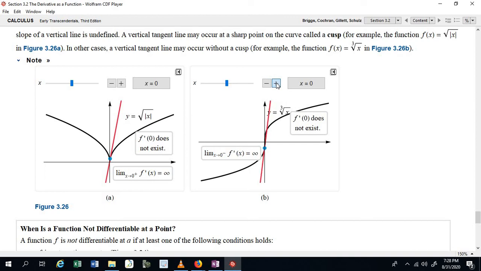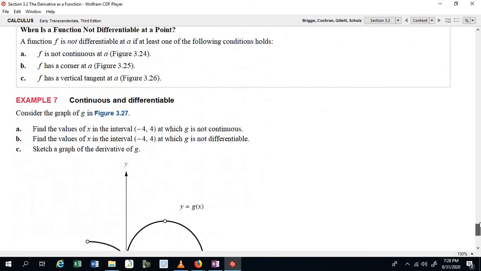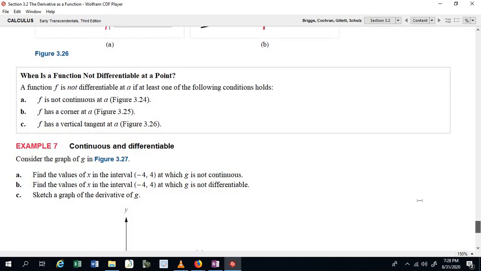So f prime of 0 does not exist, again because the slope of this tangent line is undefined. Okay, so again, f is not differentiable at a if at least one of these conditions holds. F is not continuous at a, f has a corner at a, or f has a vertical tangent line at a.